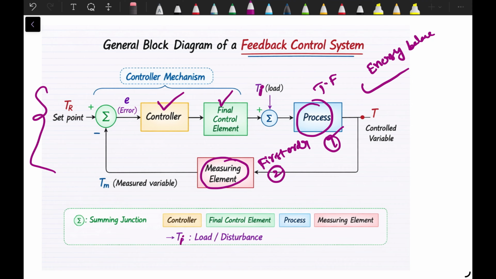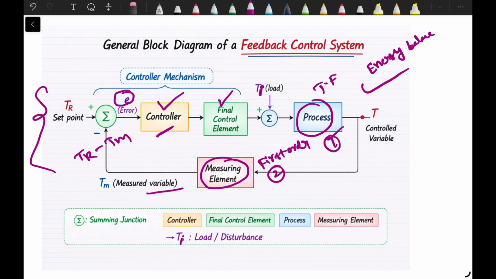Let us first understand the basic idea of the controller. In any feedback control system, the controller receives an error signal. This error is defined as the difference between the set point value and the measured value of the process variable.